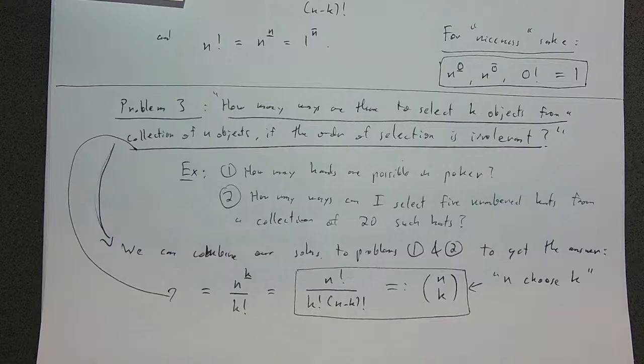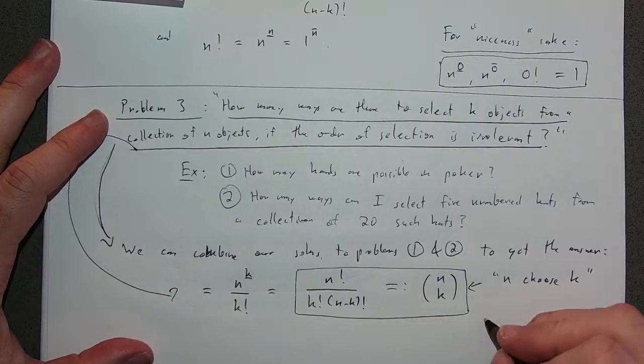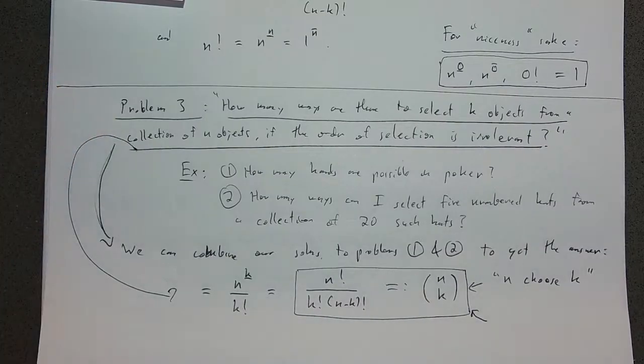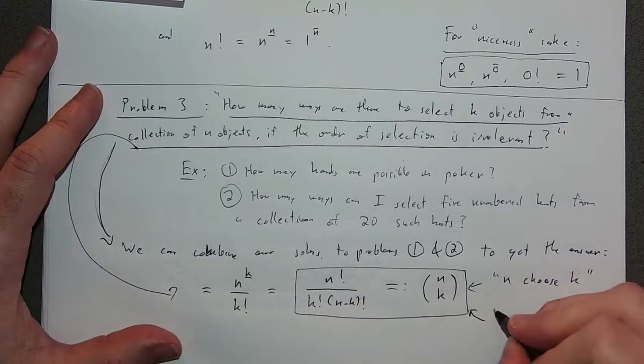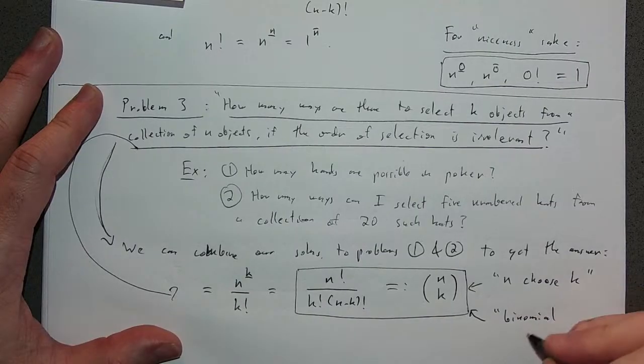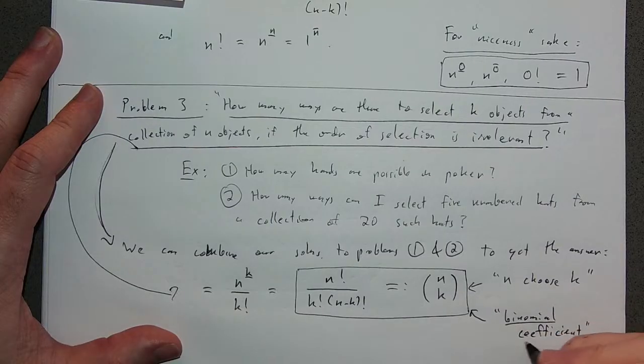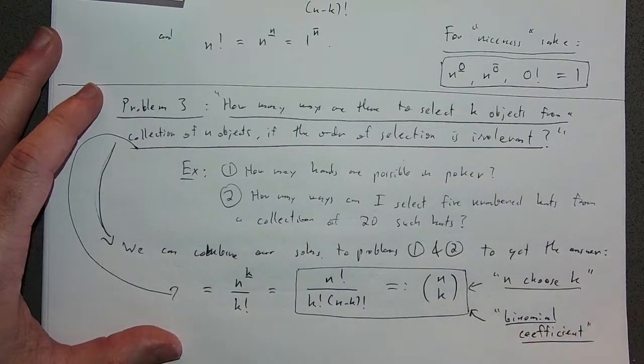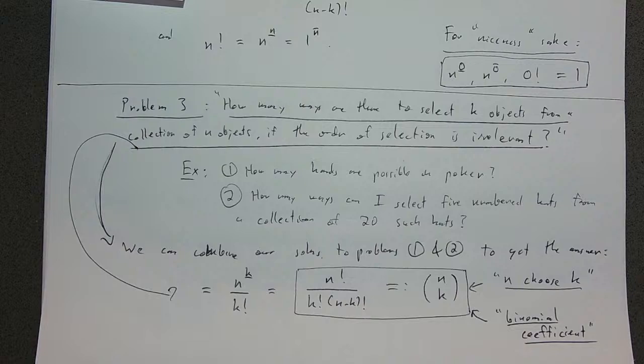This is also known as the binomial coefficient. We'll talk about why that is a little later. But we read this as n choose k.